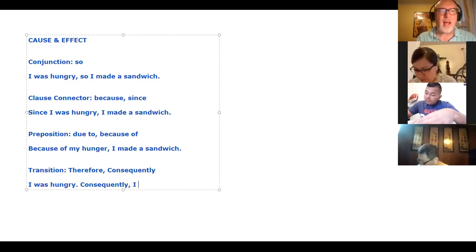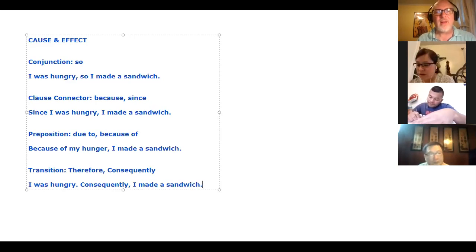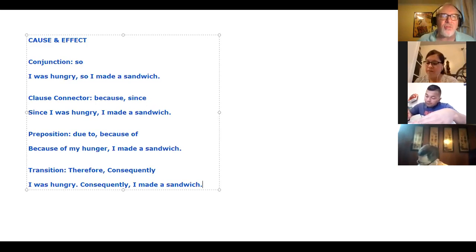Consequently, I made a sandwich. Now, my example is very artificial because I would never use consequently with sentences that are that short. Remember, I usually use a transition word to connect longer ideas. I use a conjunction for short things and a transition for longer ones, right? It's just a matter of how long the sentence is.